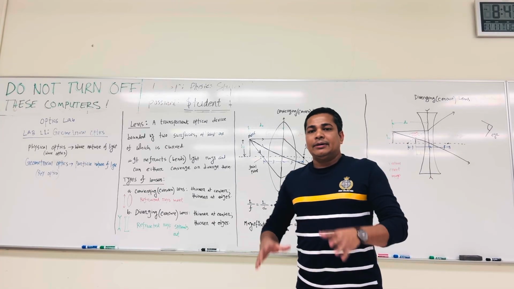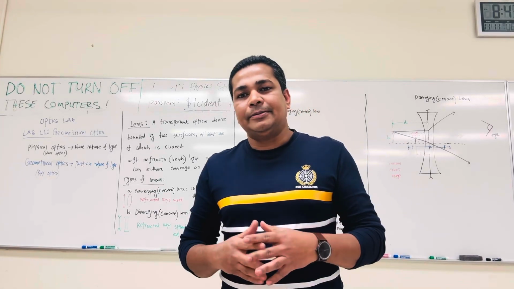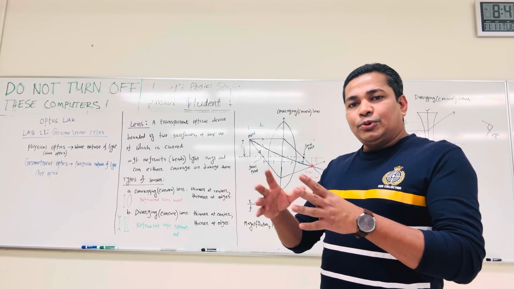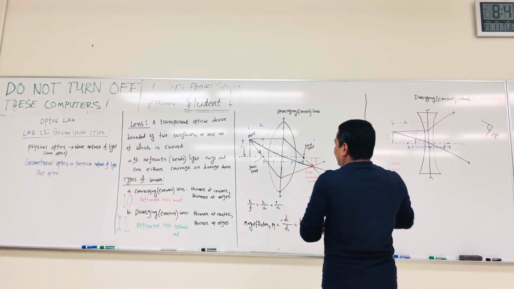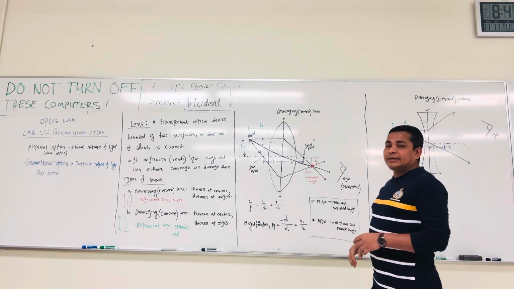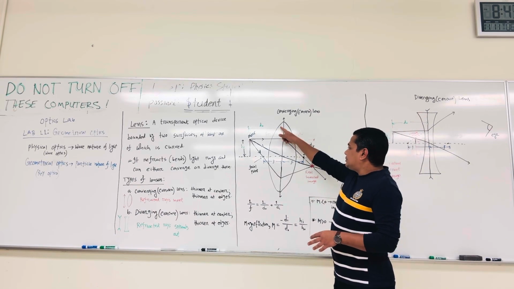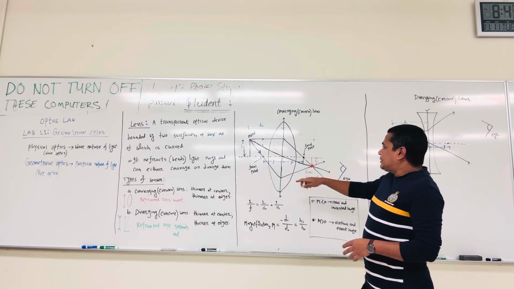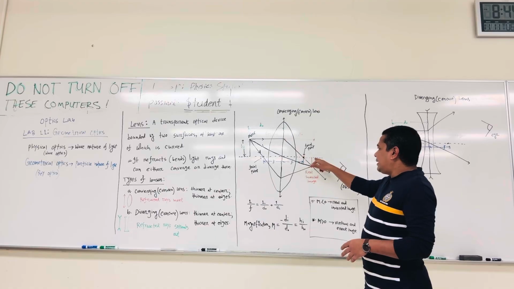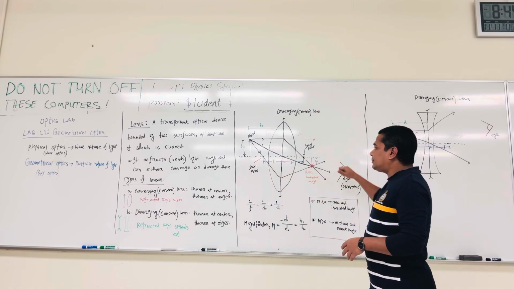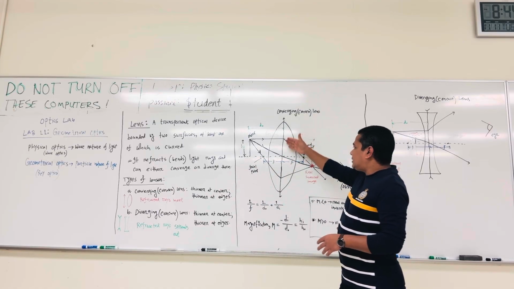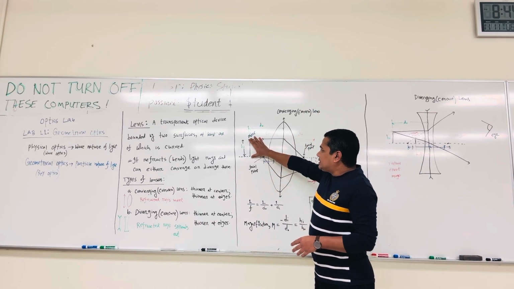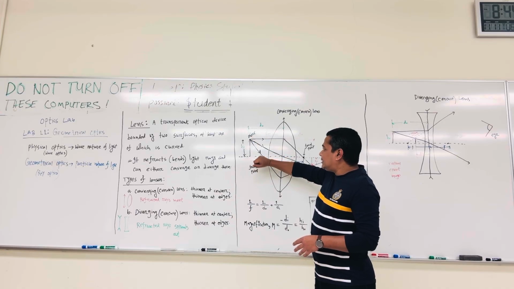Okay, so now we'll talk about the image formation in the case of these two lenses. First, the converging or convex lens. You see this is a converging lens here, this dotted line is the principal axis of the lens, and this is the vertical axis. We have the object in front of this lens.